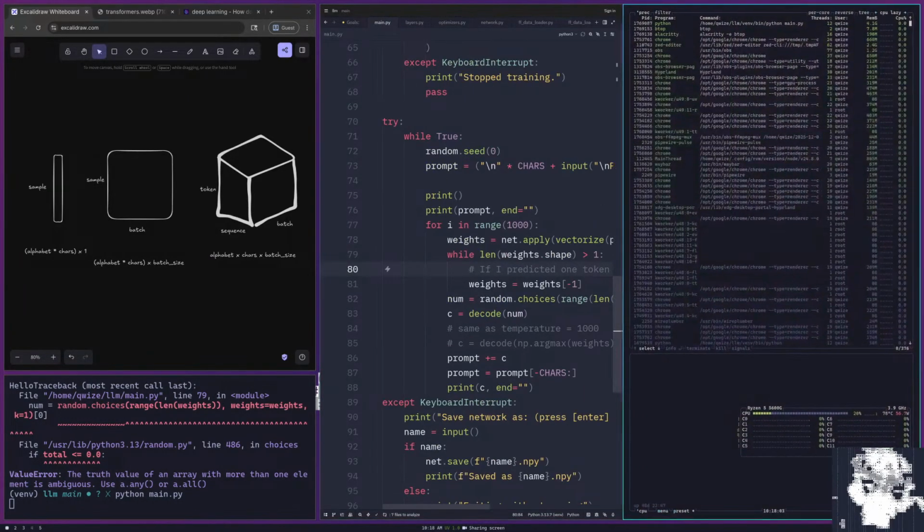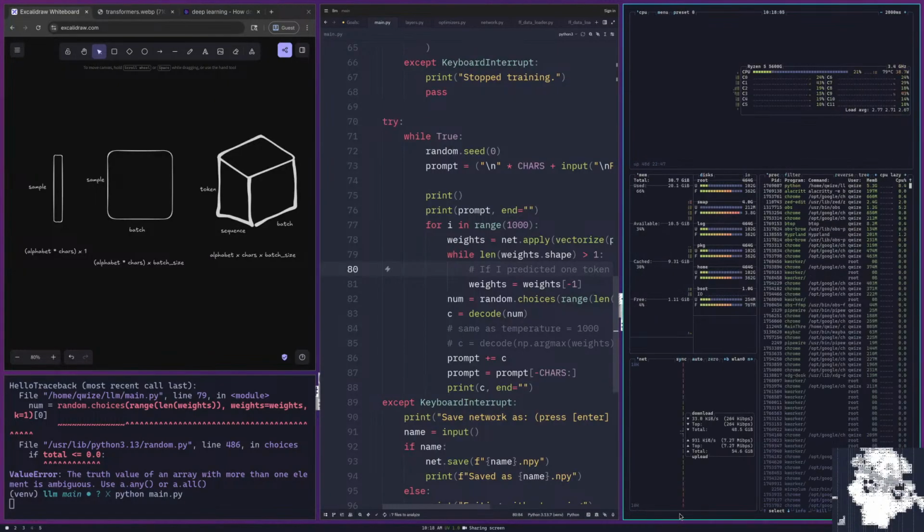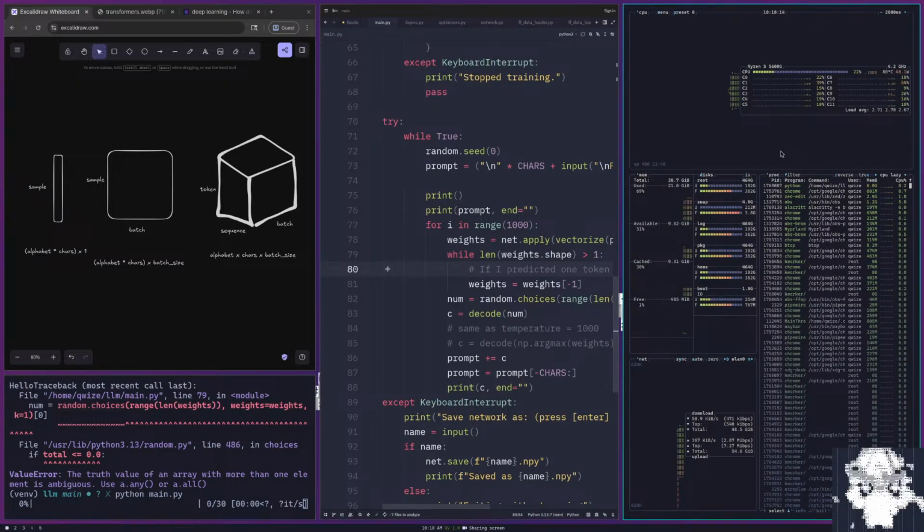And it's weird that this doesn't use my full CPU and it takes 3 minutes. What is it doing if it's not using my CPU?